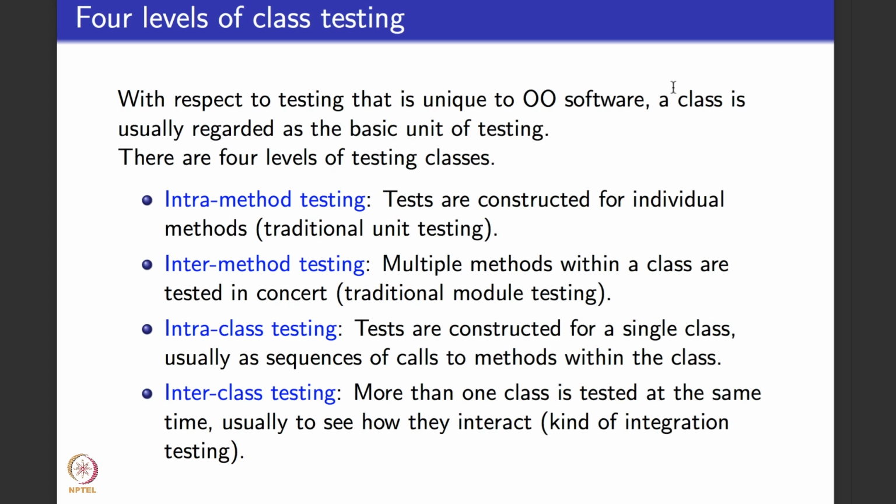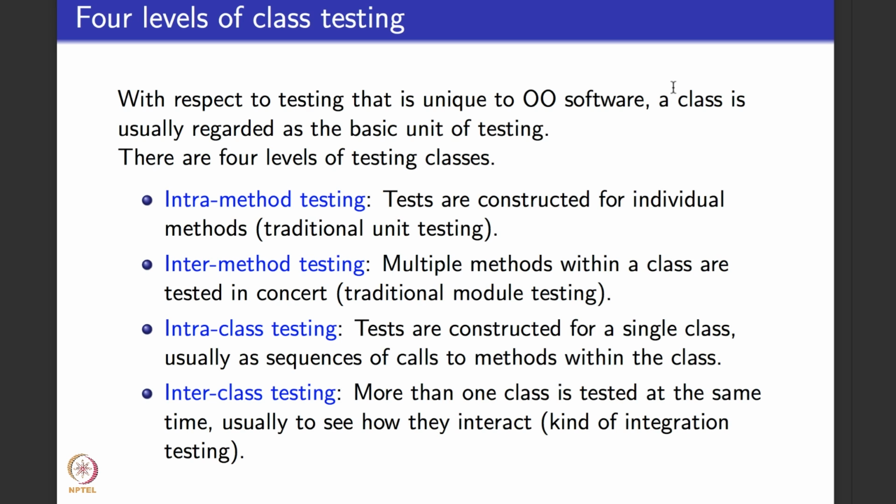So with reference to class level testing for object-oriented software, there could be 4 categories of testing. The first, most elementary category involves intra-method testing. That means testing a particular method. As I just told you, use any applicable criterion that we've learned till now to test whether the method behaves as per its functionality. This is traditional unit testing.